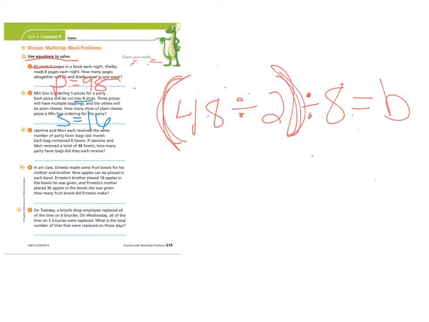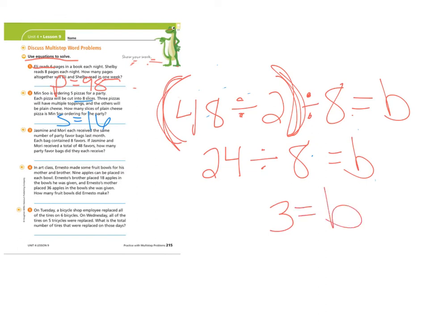So now we can start solving. 48 divided by 2 is 24. Divided by 8 equals B. How many times does 8 go into 24? 3 times. 8 times 3 is 24.